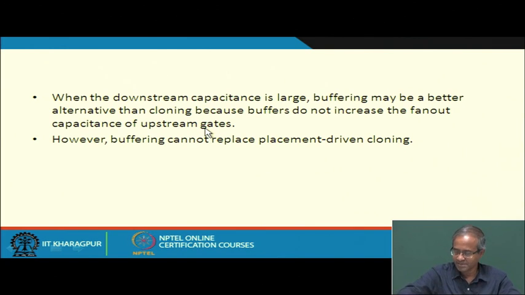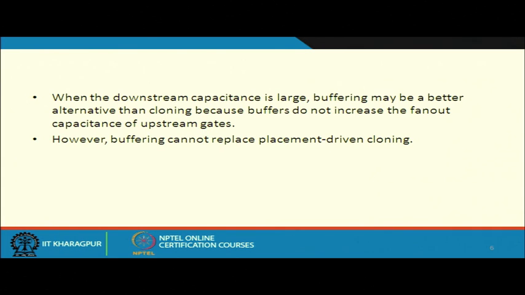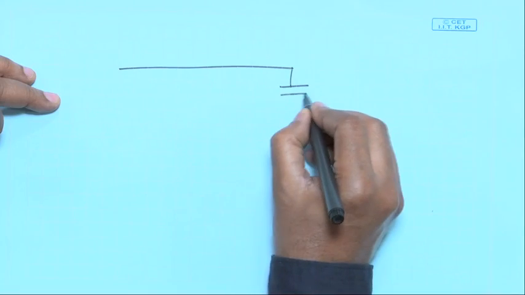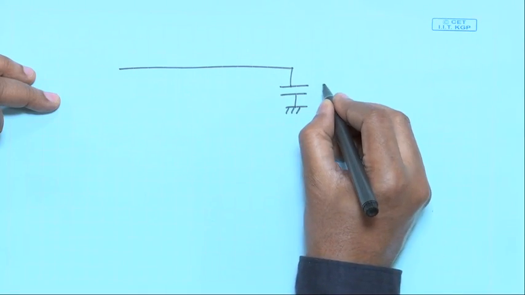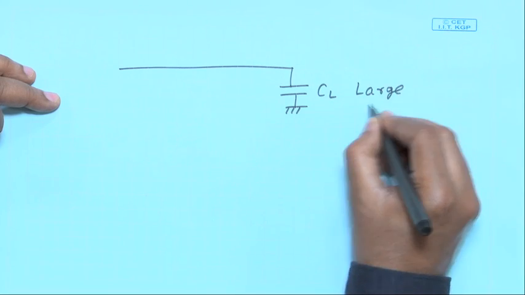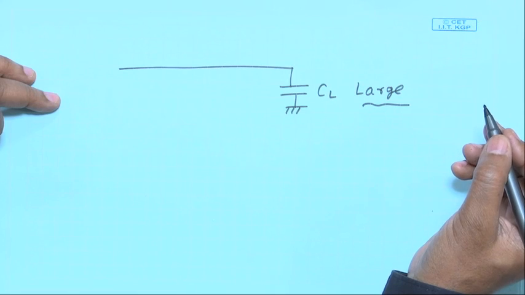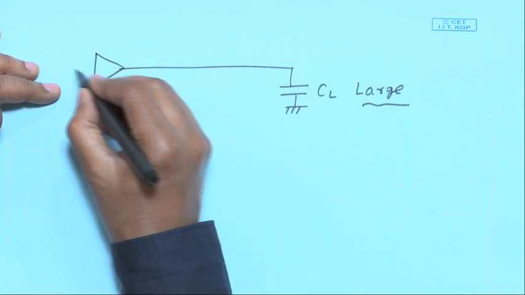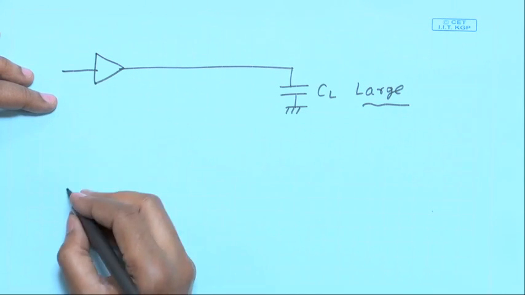Here, let us say I have a scenario where I am driving some load. Suppose this load is large, I am driving a large capacitor. What I am saying is that here buffering may be a better option instead of cloning.